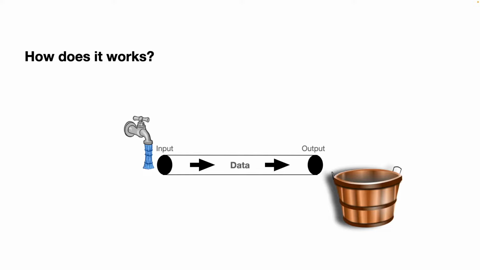If we talk about it in the BLoC style, the input will be called the sink and the output will be called the stream. So as soon as there is data input, the stream will start and the bucket will collect it.